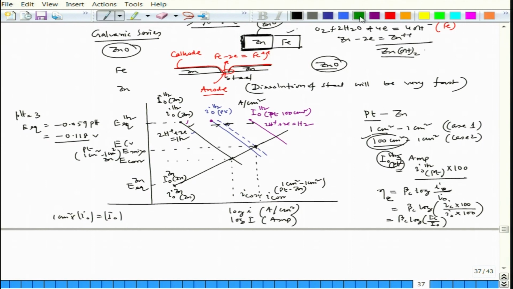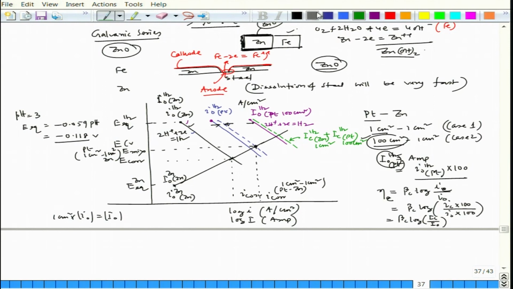So, then that would come like this. This is basically I C hydrogen on zinc 1 centimeter square plus I C hydrogen on platinum of 100 centimeter square.